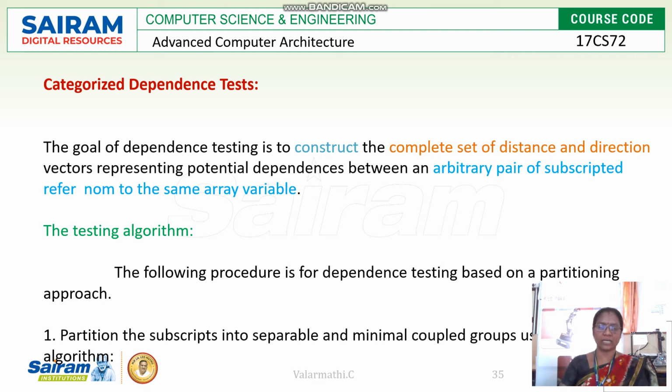By finding the distance, it follows a distance vector, and it has an algorithmic procedure. It is a procedure for dependence testing based on a partitioning approach. The first step is to partition the subscripts into separable and minimally coupled groups.